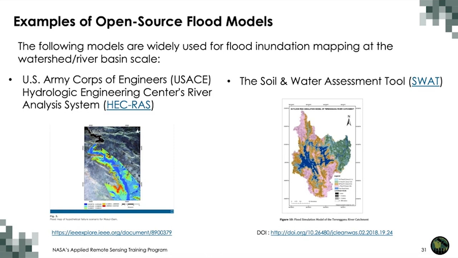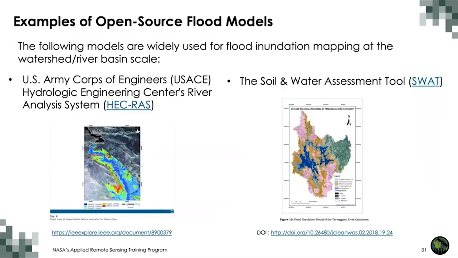This brings us to examples of open source flood models. If you search the literature, several regional or customized flood models are there. We are going to talk about two very widely used flood inundation mapping and watershed river basin scale models. First one is the US Army Corps of Engineers Hydrologic Engineering Center's River Analysis System, or HEC-RAS. And the other one is the Soil and Water Assessment Tool, or SWAT.